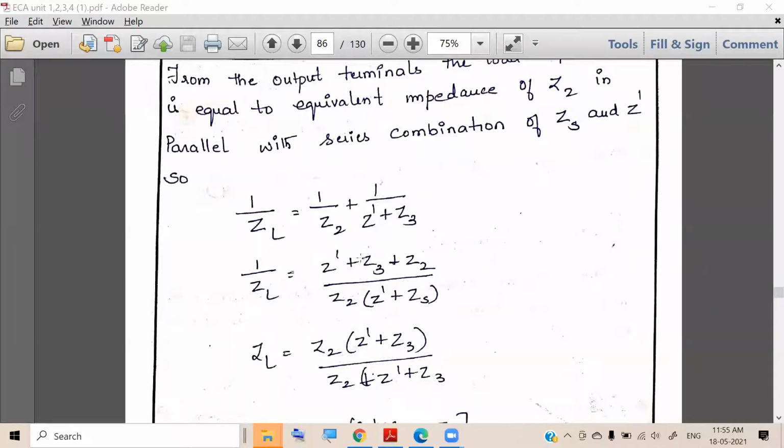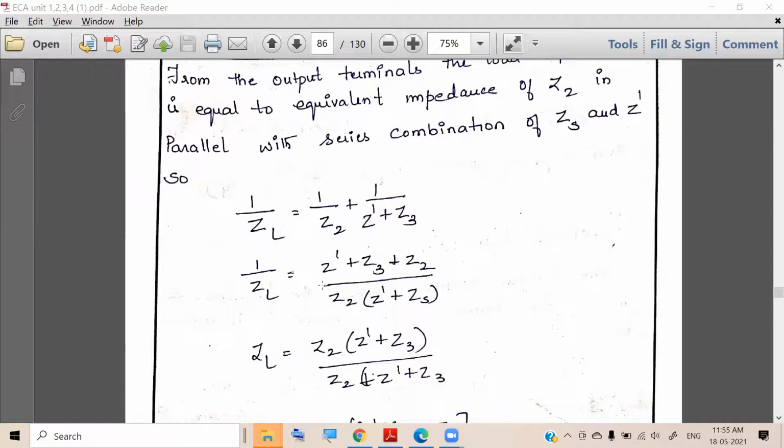If we take the reciprocal on both sides, we will get ZL. So taking the reciprocal, the denominator will now become the numerator, and the numerator will become the denominator. We have 1 by ZL here. To get ZL, we have to take the reciprocal of this entire equation.